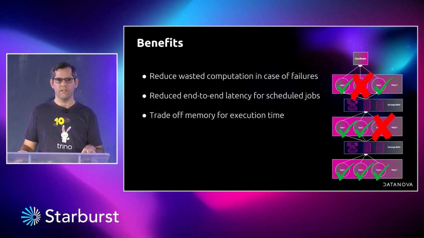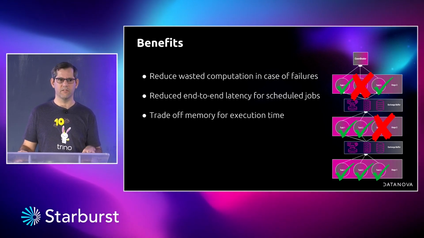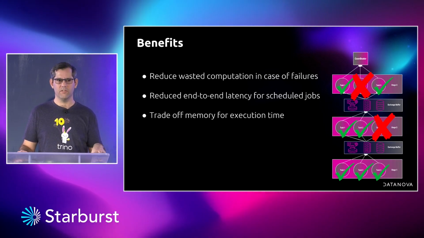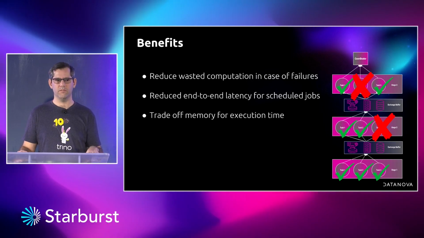Then you start running stage two, and one of the tasks fails. You don't need to go and recompute stage one, as in the previous architecture. You can restart that task and read from the intermediates. So that means that all the computation that was performed in stage one is still valid, it's still reusable, and the engine keeps going from where it left.